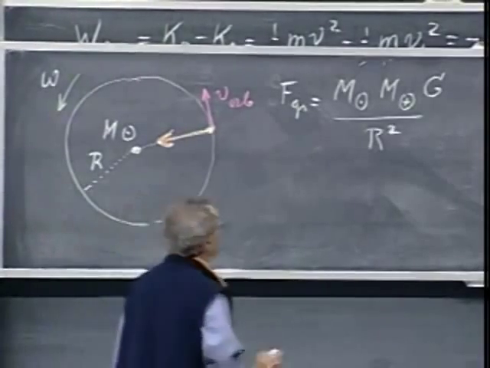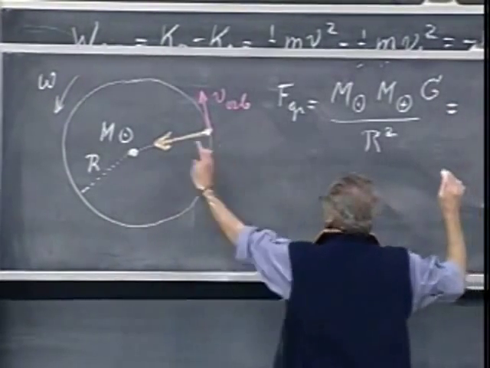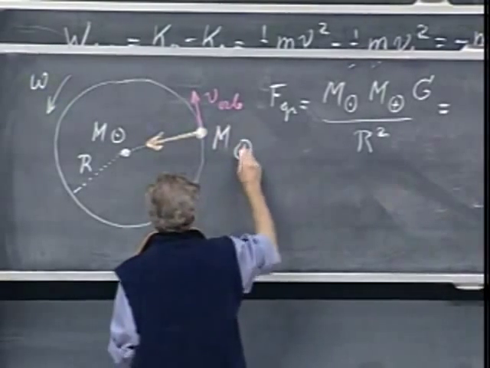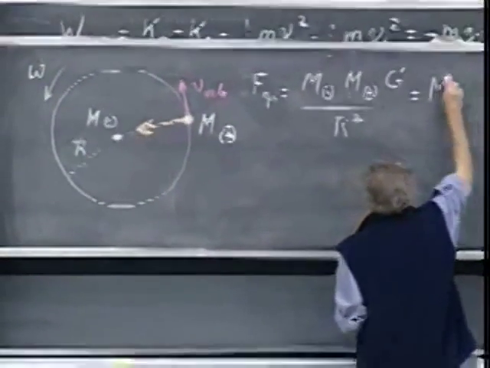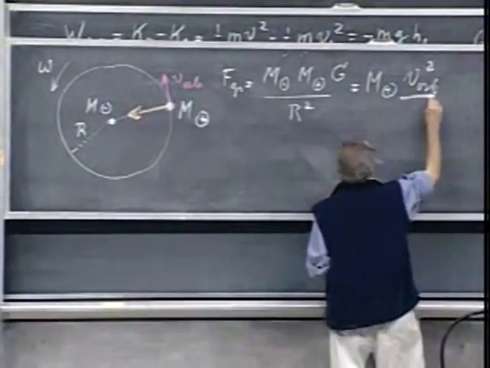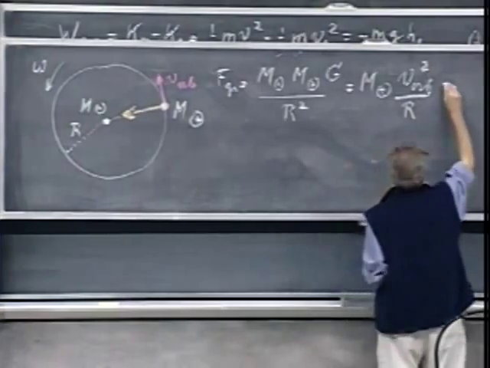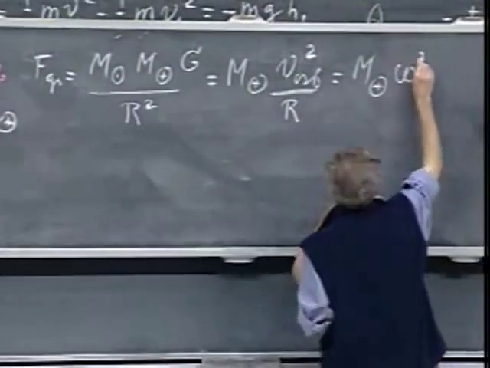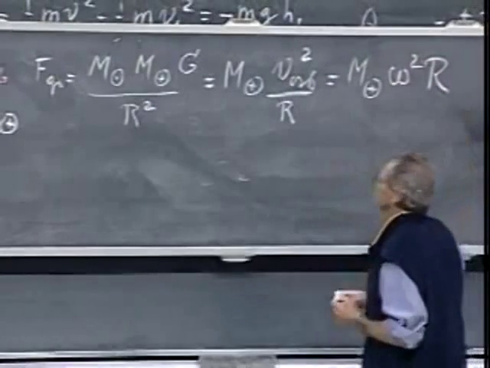But it also must equal the centripetal force, which is the mass of the Earth times the orbital speed v squared, divided by the orbital radius, and if you prefer to write that in terms of omega squared r, that's fine too.